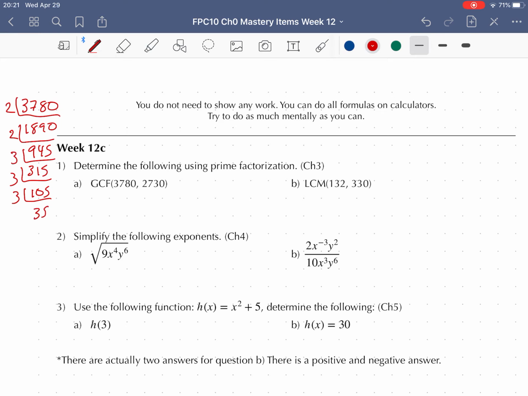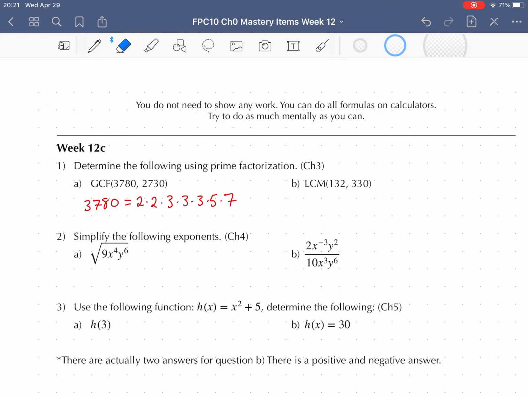Divide that by 3 again: 35. Can't divide it by 3, but we can divide it by 5 and get 7. So 3780 is equal to 2 times 2 times 3 times 3 times 3 times 5 times 7.